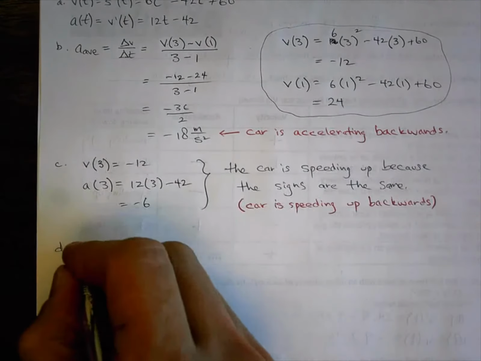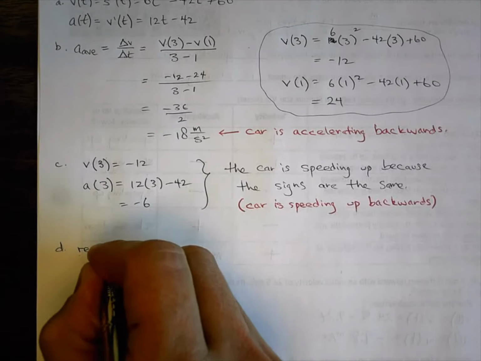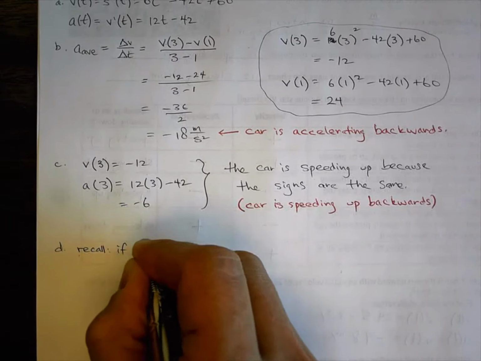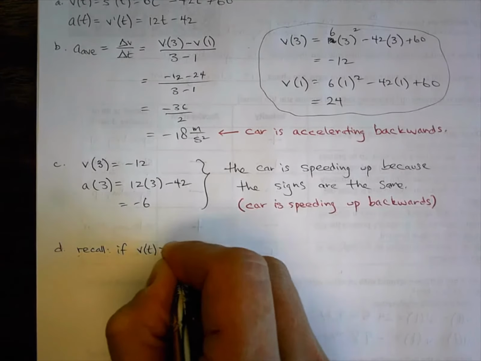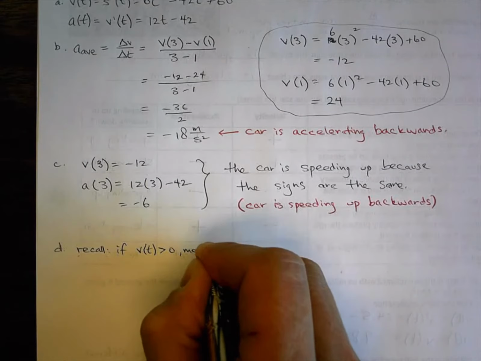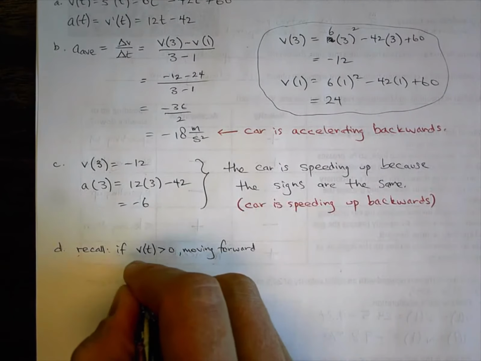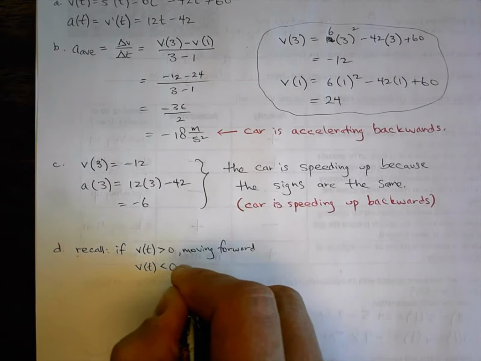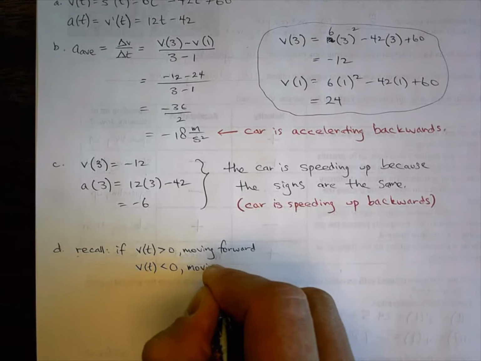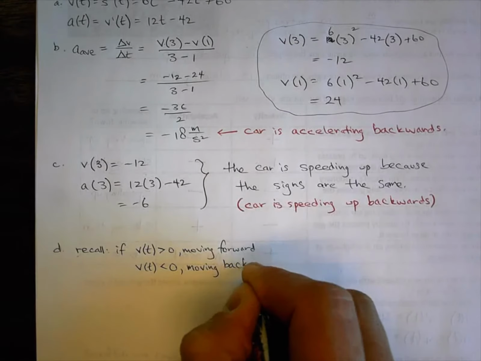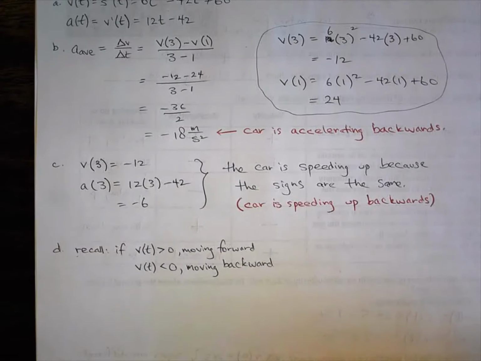So we're just going to make a little note there. Recall, if your velocity is greater than 0, then your car is moving forward. And if your velocity is less than 0, then you're moving backwards. Just remember that.